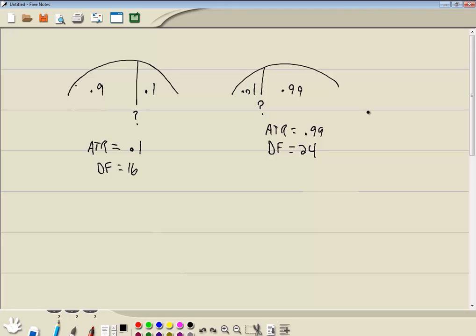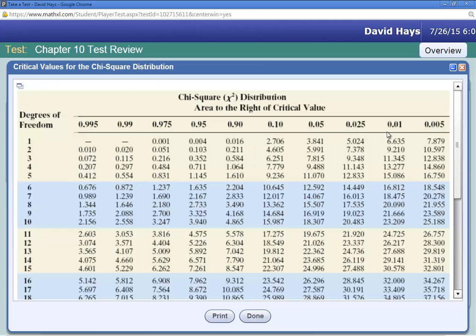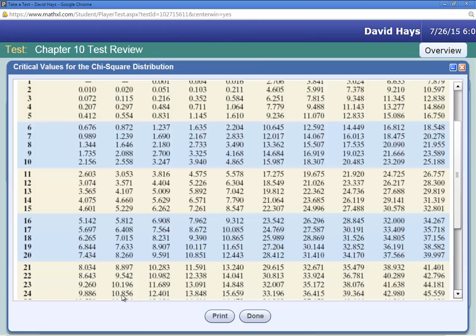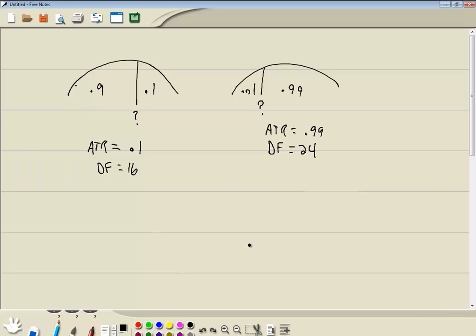So let's go look up 0.99 and 24. 0.99, second column, and 24 would be 10.856.